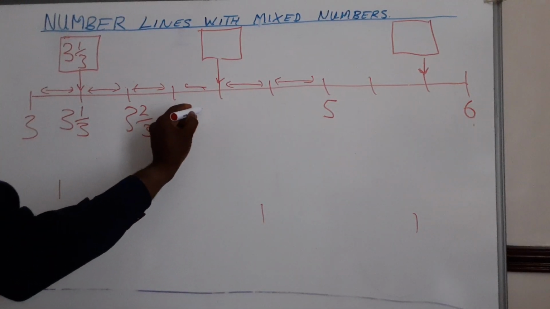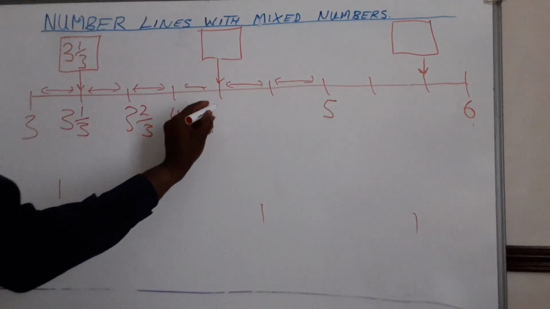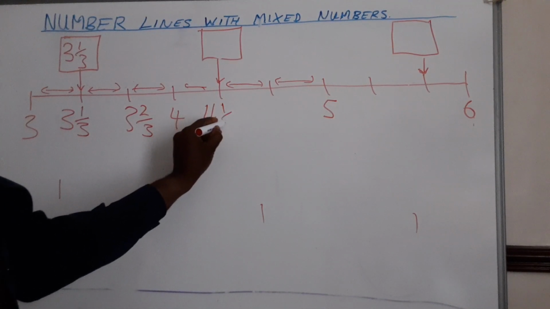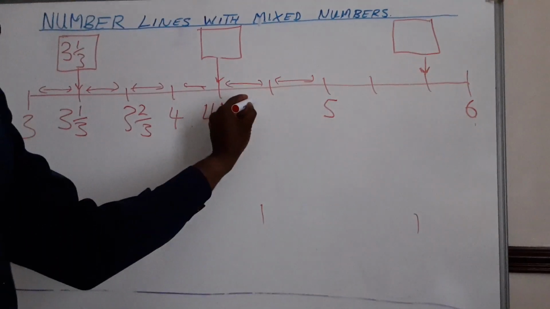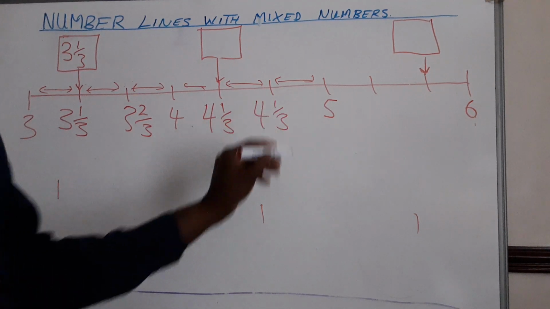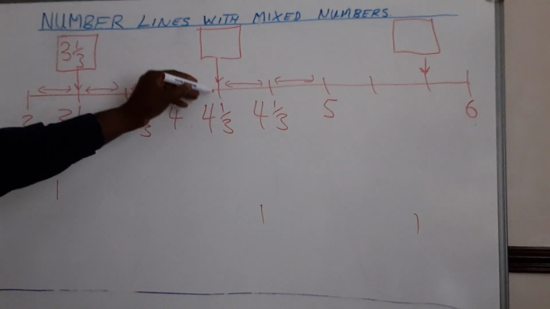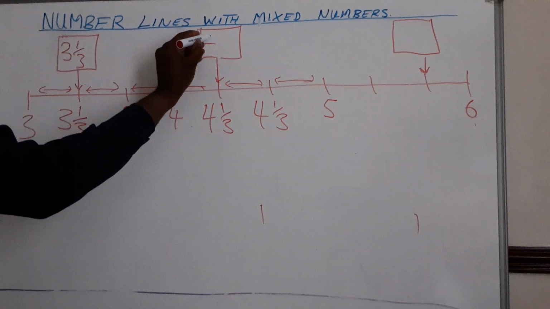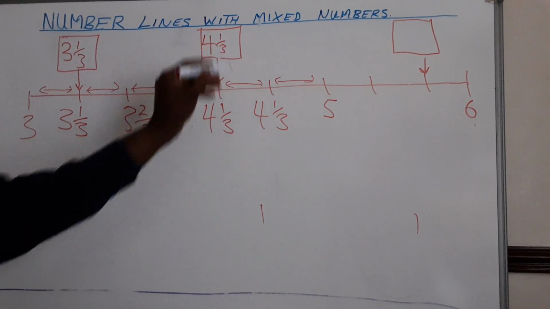Remember to bring our whole number, 4. Then this is going to be 4 and 1/3. And the next one is going to be 4 and 2/3. So we can confidently say the arrow is pointing to 4 whole number and 1/3.